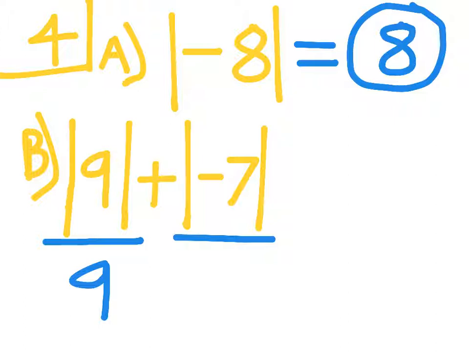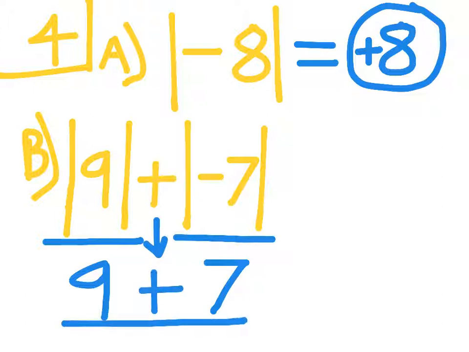Again, like parentheses, the absolute value of negative 7 is again positive. Hopefully you're noticing that the answer for absolute value is always positive. But if we're doing PEMDAS here, we still drop this plus sign down, and then we just continue to solve. The absolute value symbols are done. 9 plus 7 is 16.